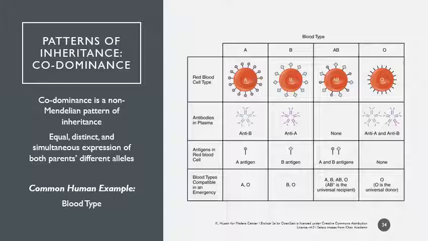You're going to have both the A and B antigen on the surface of your red blood cells, and you will not have any antibodies circulating in your plasma against those. If you're type O, you just straight up do not have any antigens on the surface of your red blood cell in terms of ABO blood typing.